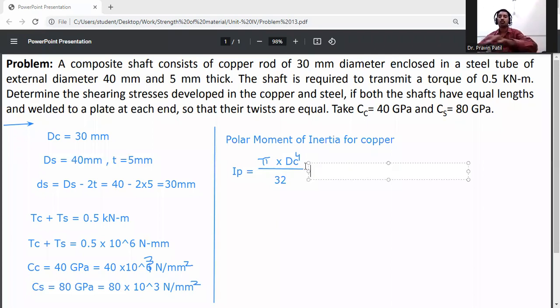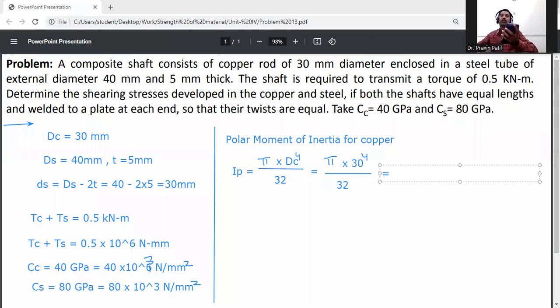So the diameter of copper is given, that is 30 mm. Pi into 30 raised to 4 divided by 32.